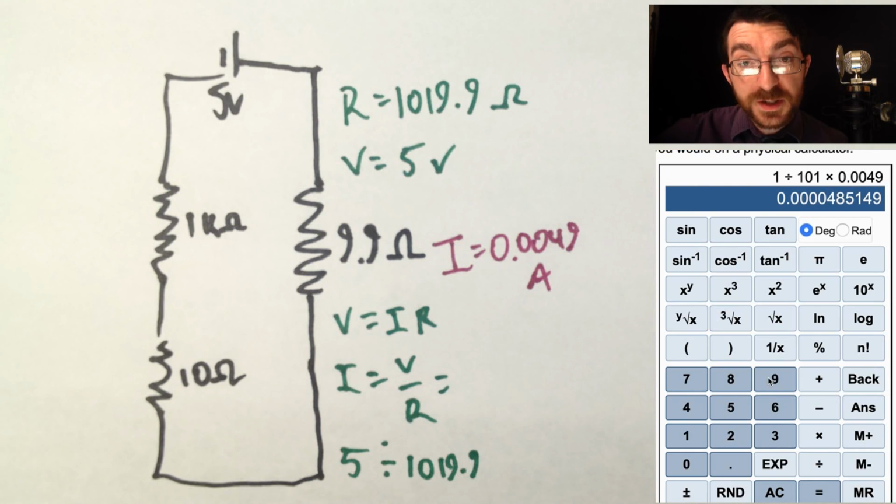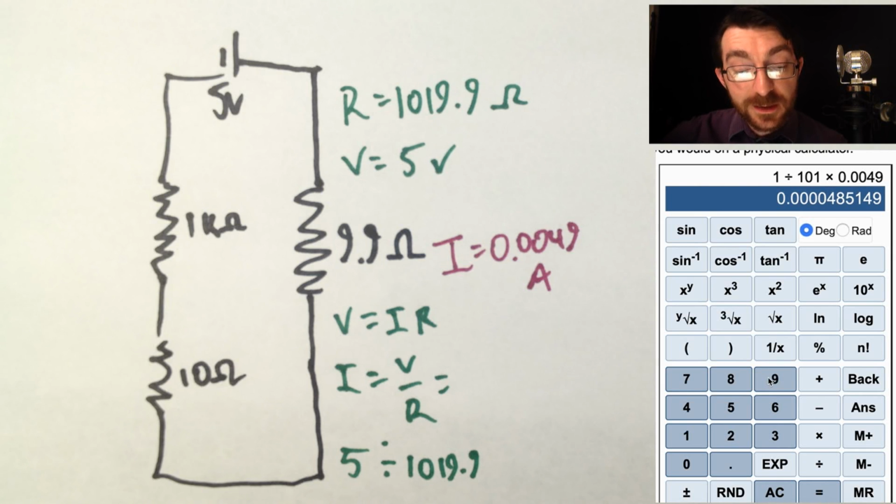What's the voltage across each one? So remember that voltage in our analogy is urgency, but in reality, voltage is an energy difference. And the idea is that it's going to cost electrons energy to pass through a resistor.